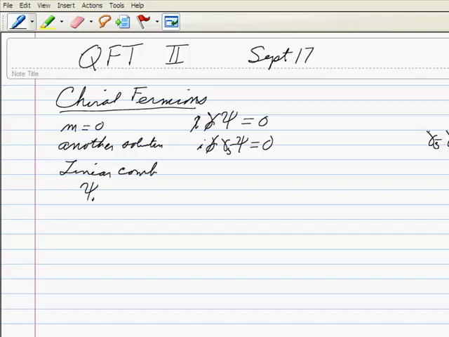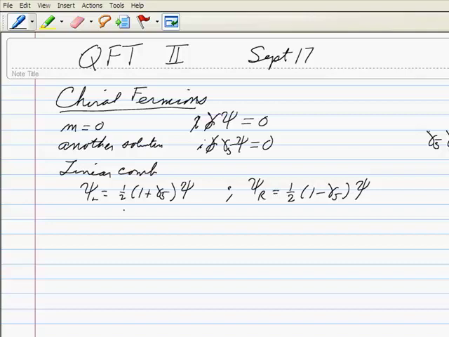You take psi left is 1/2 (1 plus gamma 5) psi, psi right is 1/2 (1 minus gamma 5) psi, and these are then also solutions to the Dirac equation.